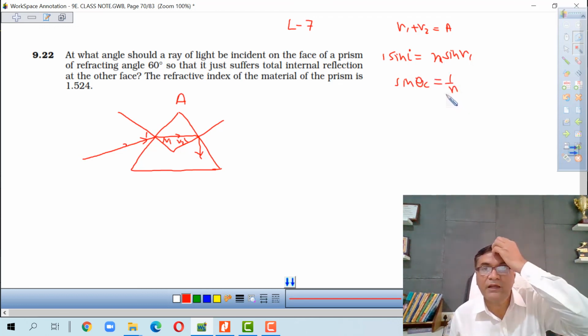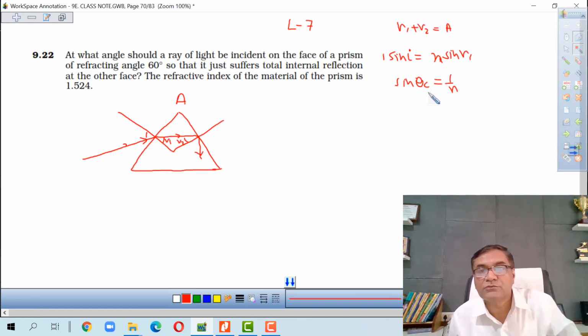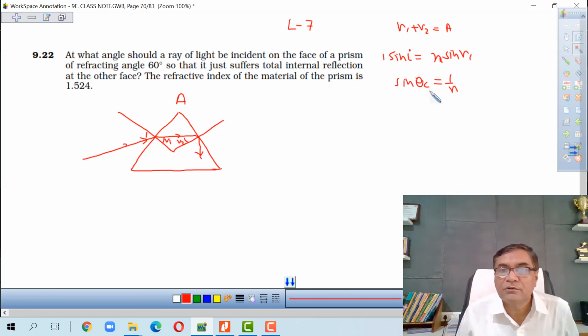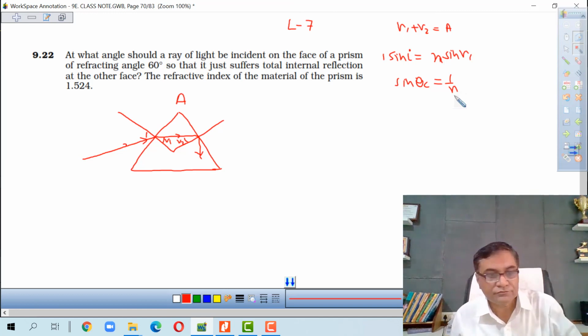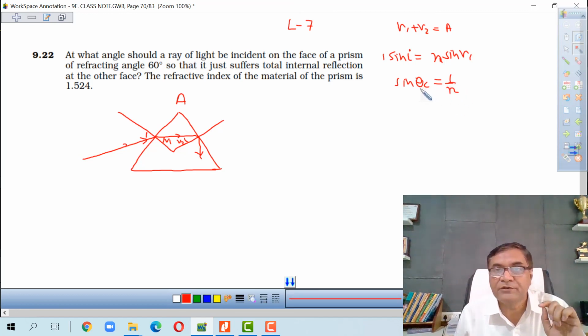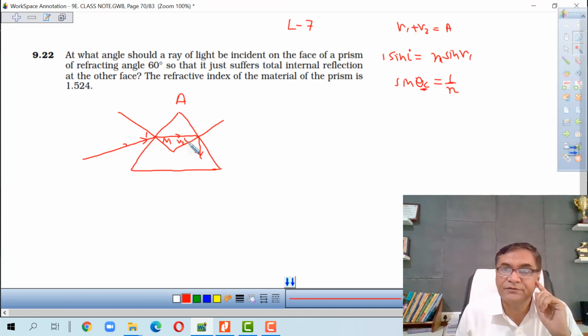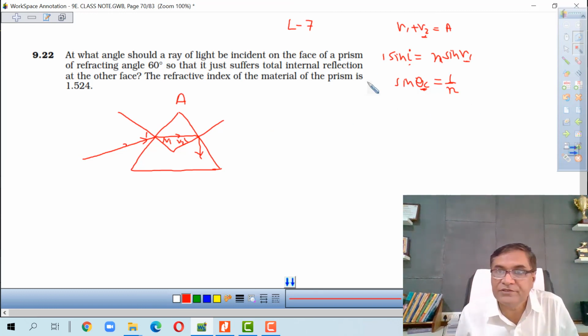So what I do is find theta C, and theta C is what R2 should be. Once I know R2, I can calculate R1, and knowing R1, I can calculate I. Okay, this is our basic concept.